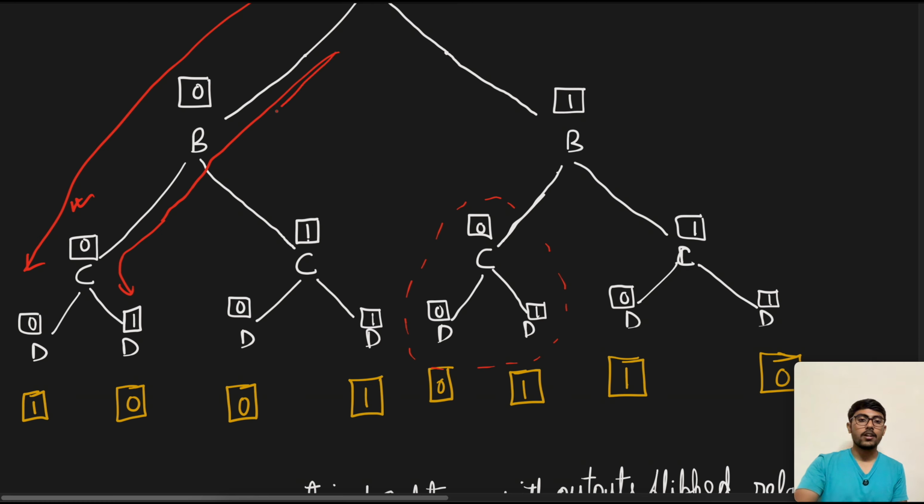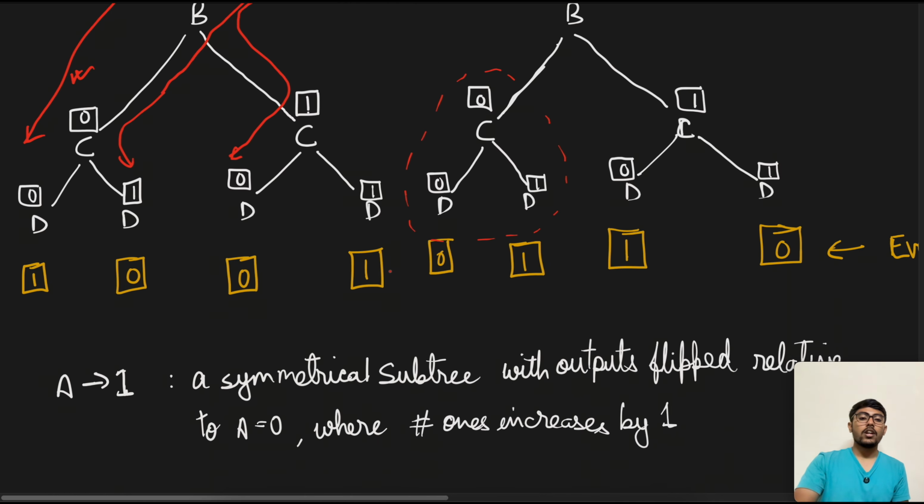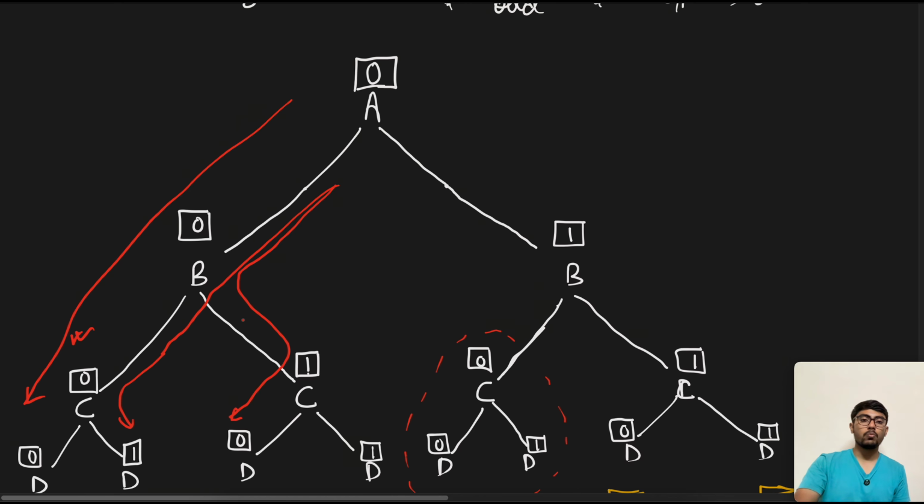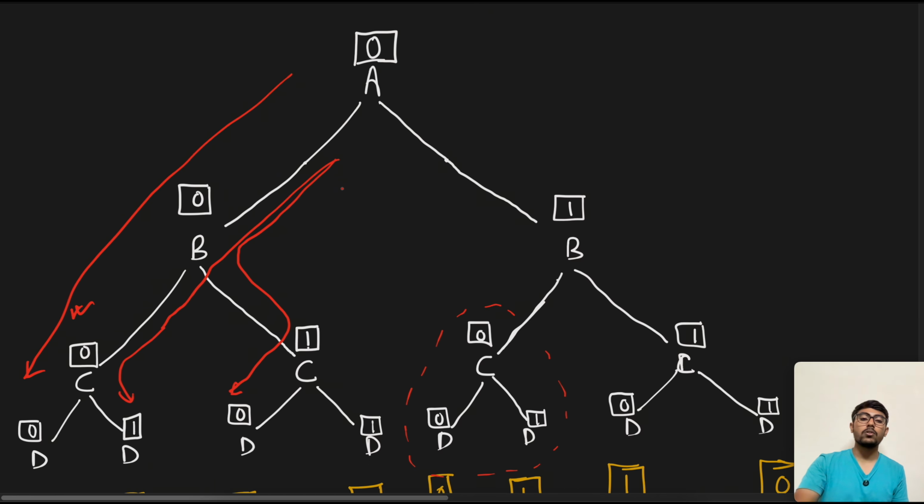Here also there is 1 one in this particular path, so even parity will be 0 and likewise. Then we see A equal to 1; this we saw for A equal to 0.